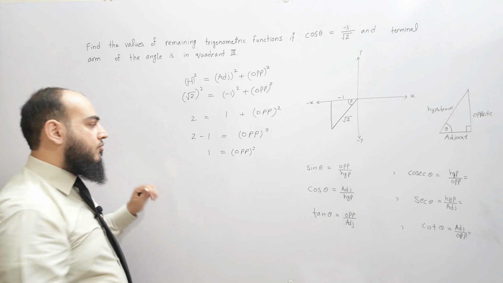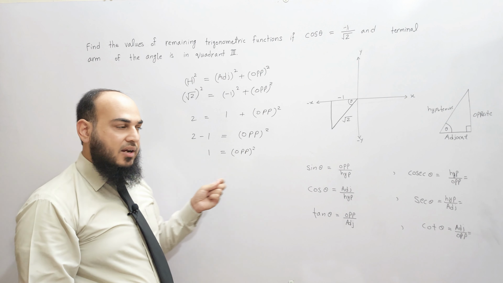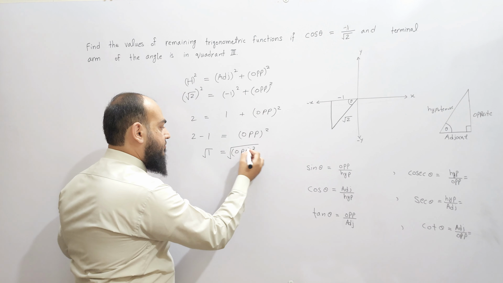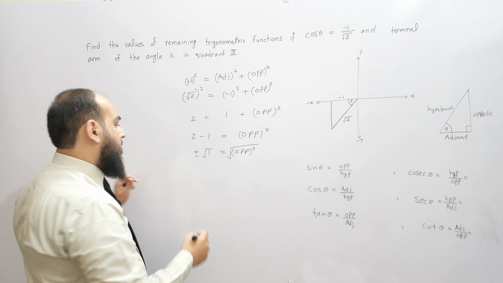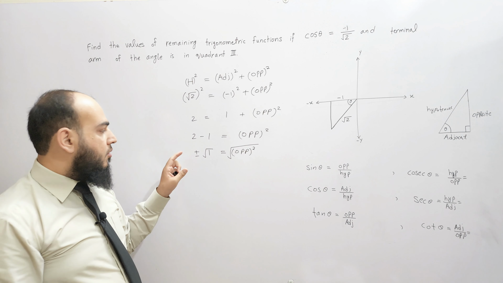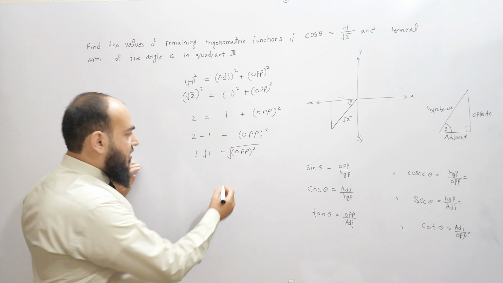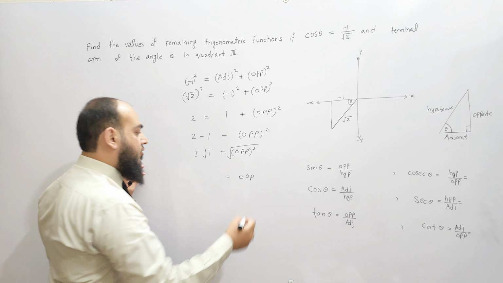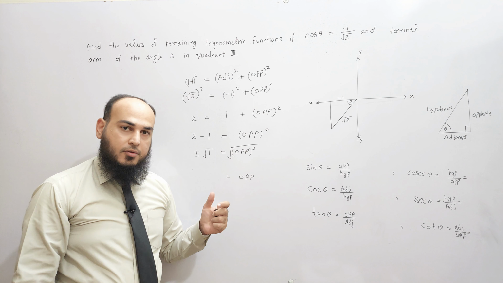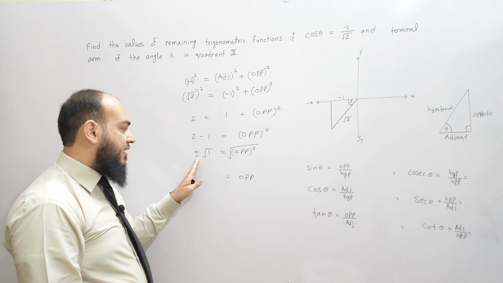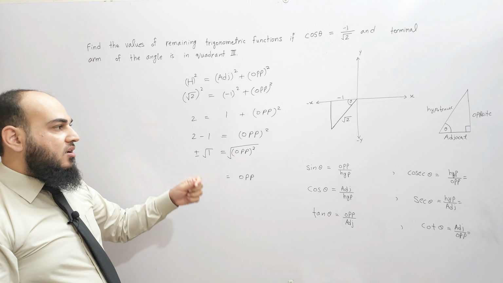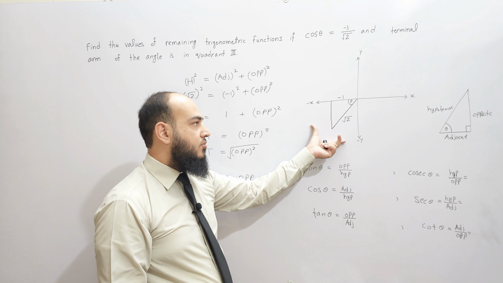Now we have to find the value of the opposite side. That is why we have to take square root on both sides. We will put plus minus here. Now square root cancels. Now we have to decide whether we put the sign positive or negative. Okay, now let's check in quadrant number 3.